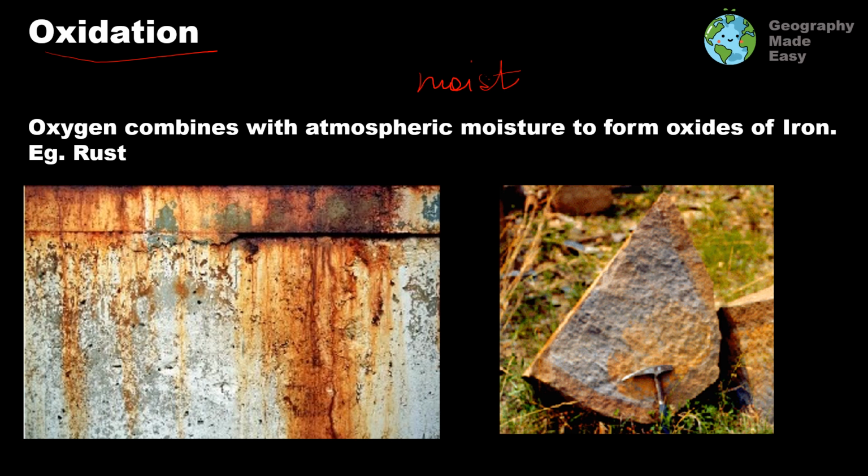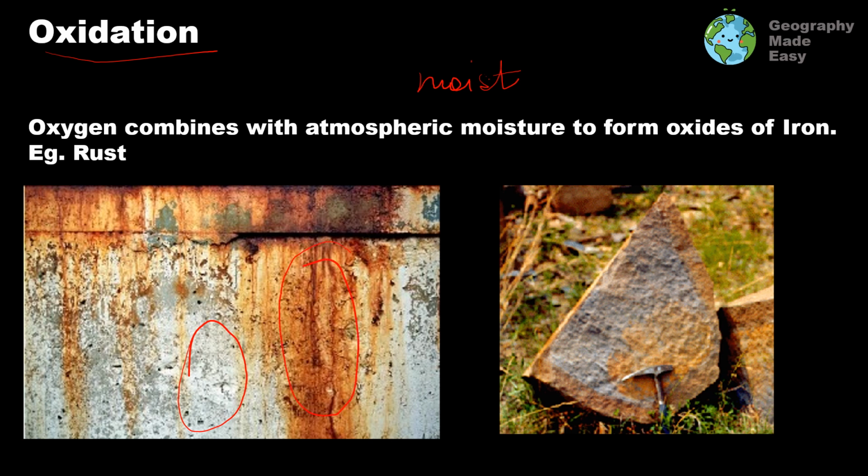So any kind of element which combines with atmospheric oxygen to form a new kind of mineral and disintegration, this is called oxidation. Rusting is the most common oxidation process which is seen, and we can see here the iron which has not yet been oxidized, and we see rusting has taken place.